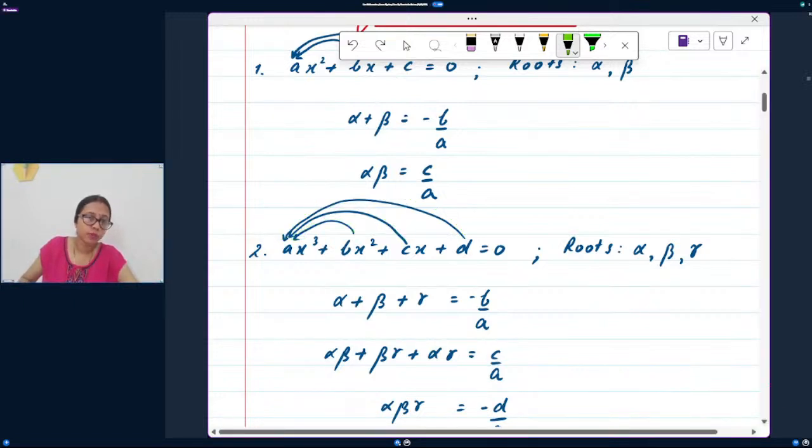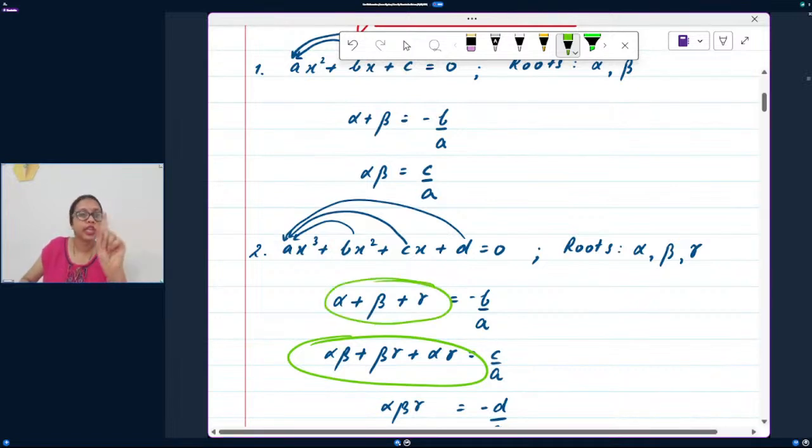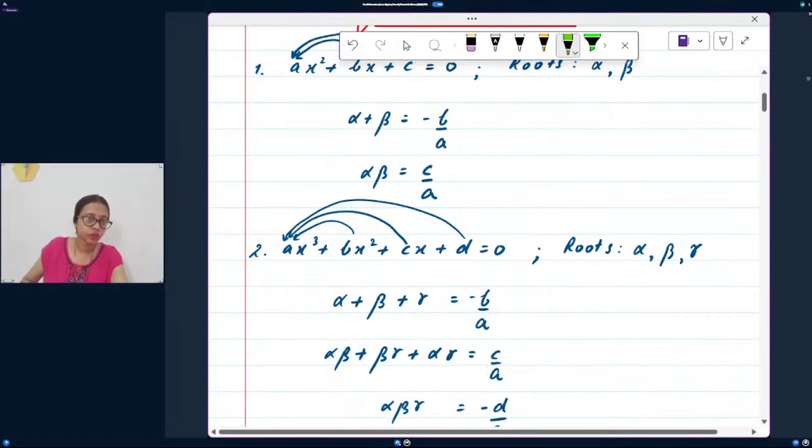So the sum of the roots taken one at a time, the sum of the product of the roots taken two at a time, the sum of the product of the roots taken three at a time, but there are only three, so alpha beta gamma: minus b by a, c by a, and minus d by a.